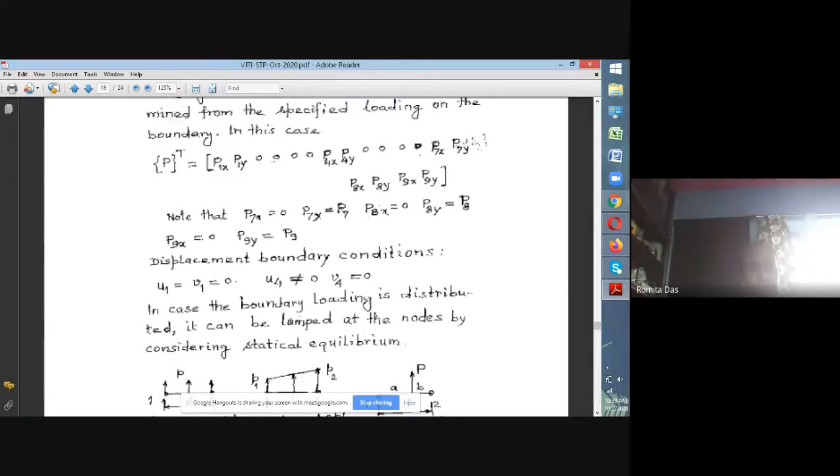The same process is done here. If it is a distributed load over span L, then we get reaction forces PL by 2, PL by 2. And if it is a triangular distribution, you just put 1/3 at the end where the intensity is 0, and 2/3 at the other end where the intensity is the highest. The same process is done.